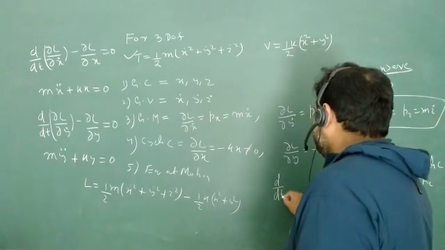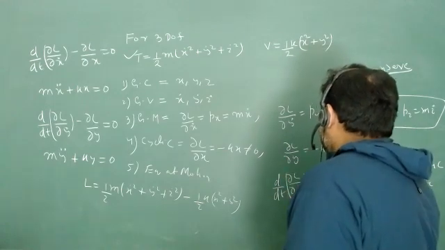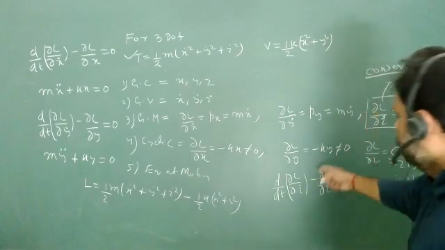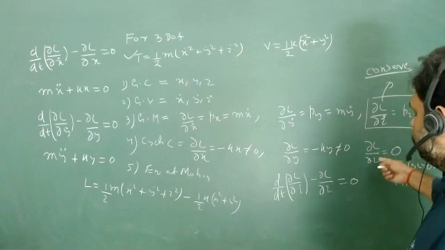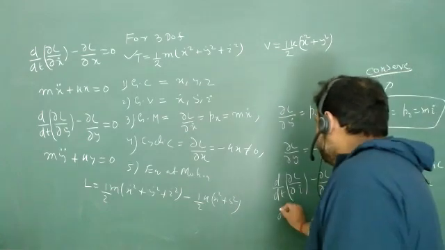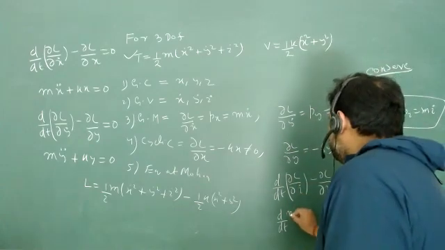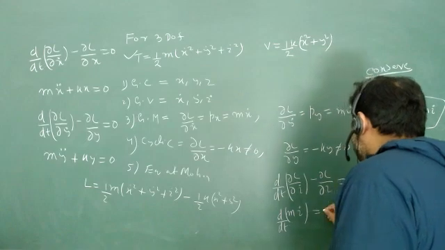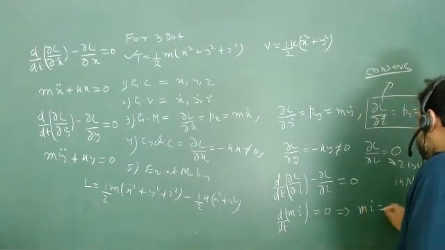D upon dt of del L upon del z dot minus del L upon del z is equal to 0. What is del L upon del z? 0, because it is a cyclic coordinate. And d upon dt of del L upon del z dot, which is m z dot, must be equal to 0. That means m z dot must be constant.